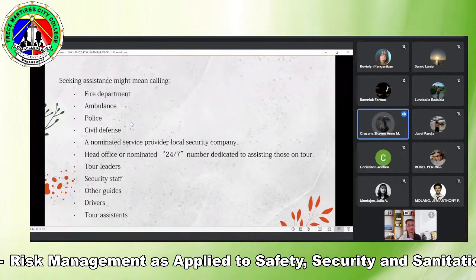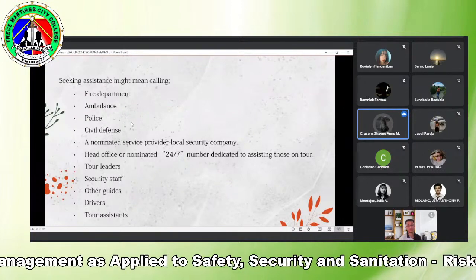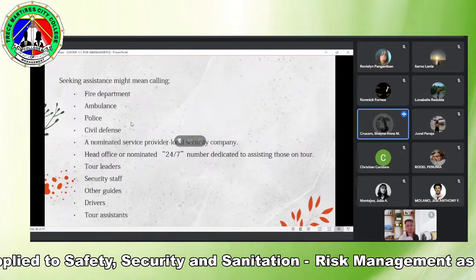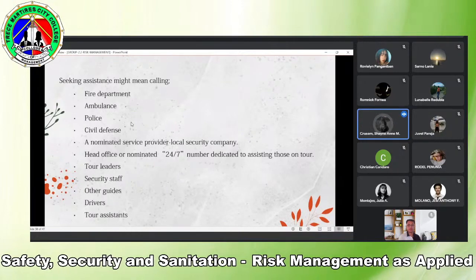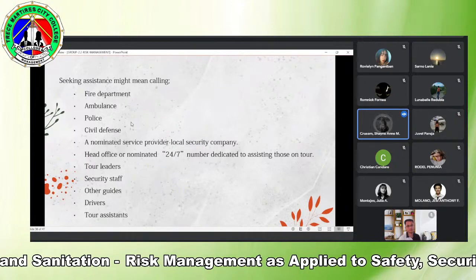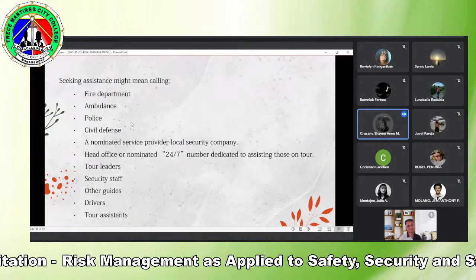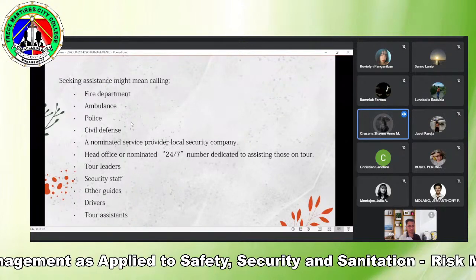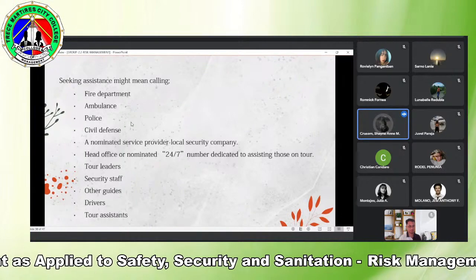Seeking assistance might mean calling fire department, ambulance, police, civil defense, a nominated service provider, local security company, head office or nominated 24/7 numbers dedicated to assisting those on tours, tour leaders, security staff, other guides, drivers, tour assistants.